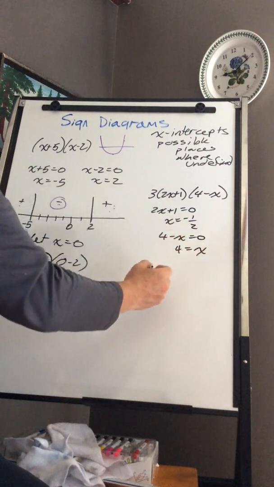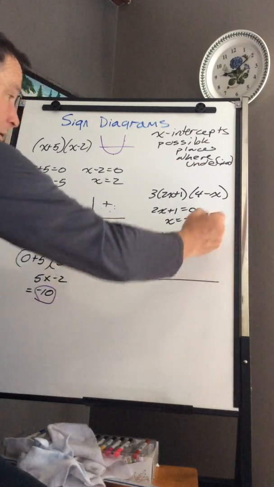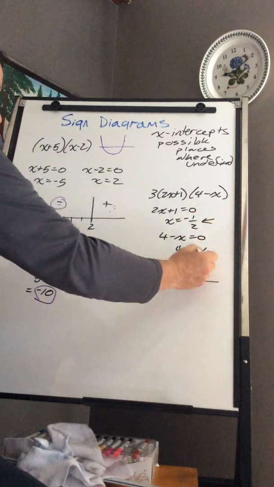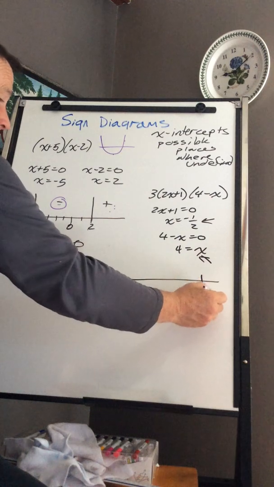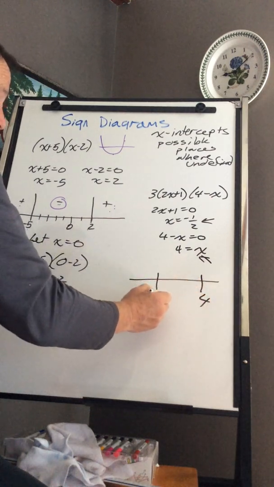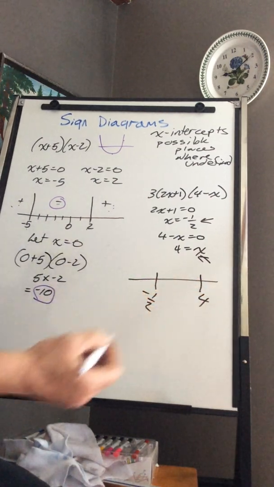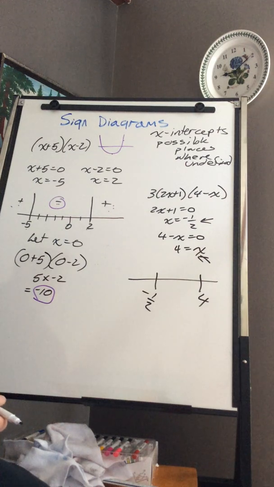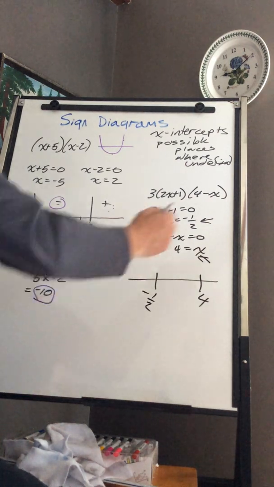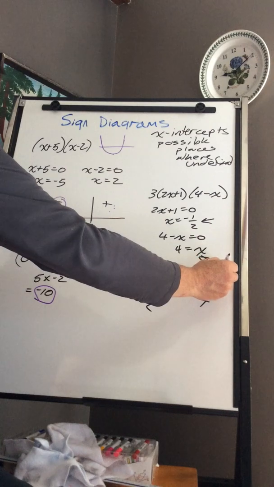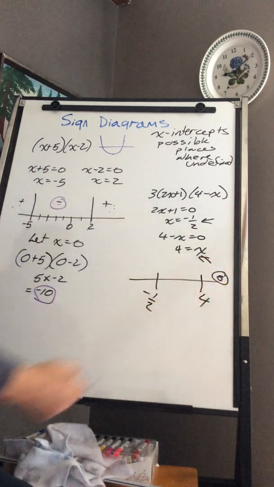So my critical values are going to be negative 1/2 and 4. So 4, negative 1/2. You can pick whatever you want for a point. Oh, let's mix it up. We'll pick 5. 5's over here.